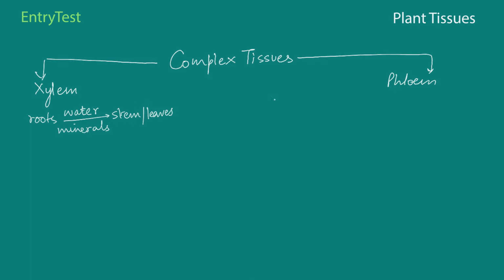On the other hand, the purpose of phloem is to take the food from the leaves to the other parts of the plant. So that is their function.